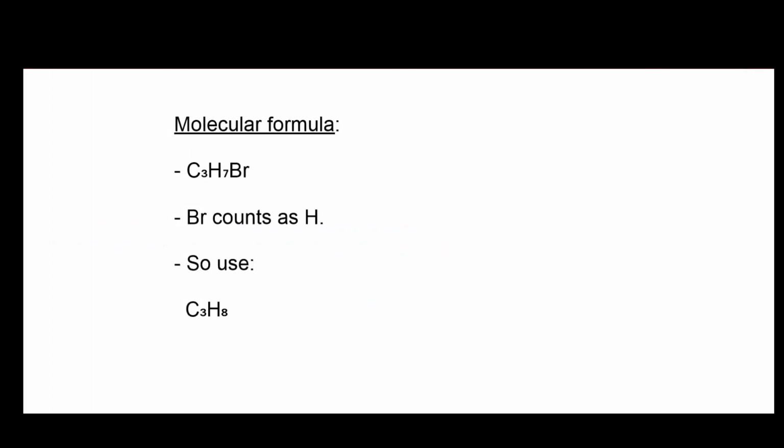For degree of unsaturation, bromine counts as 1 hydrogen. So C₃H₇Br is treated as C₃H₈. DU equals 3 carbon minus 8 hydrogen over 2 plus 1, which gives 0. So there is no ring and no pi bond.